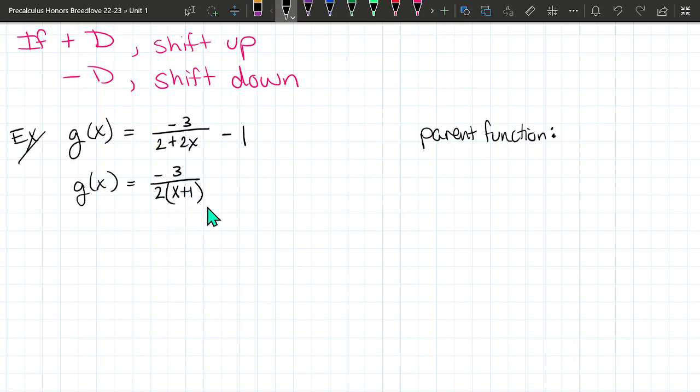So rearrange it and factor the 2 out of the denominator, and leave the minus 1. And then we can go one step further and bring the negative 3 halves out front. So I'll do negative 3 halves like that, and then 1 over x plus 1, and then minus 1.